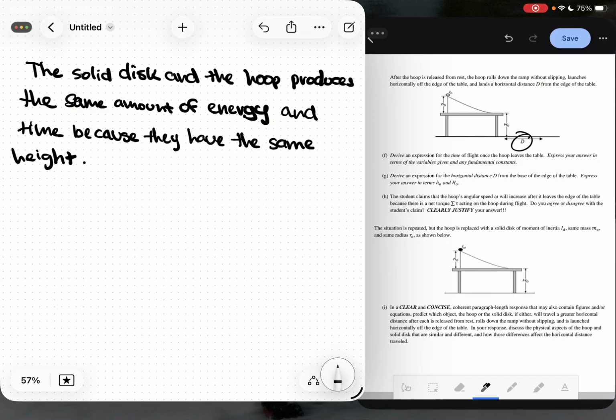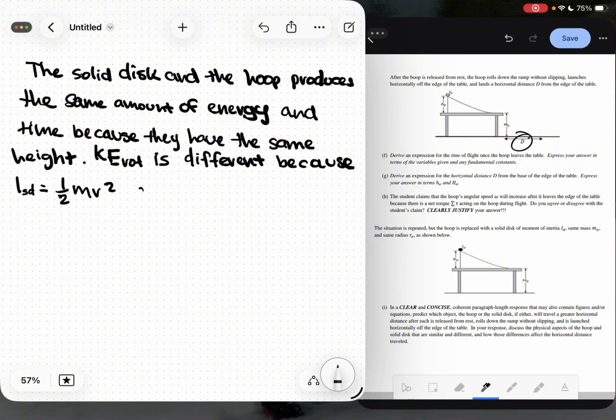But the KE rotational is different, because the moment of inertia for the solid disk equals 1/2 mr squared, and the moment of inertia for the hoop equals 1 mr squared.